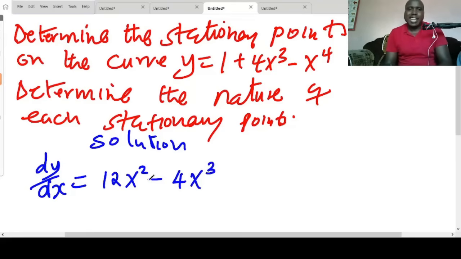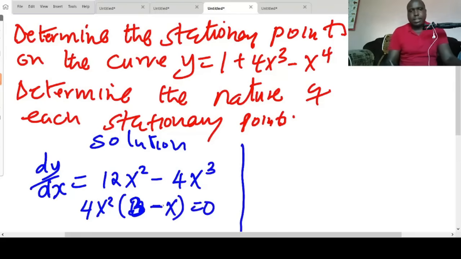So we can see x squared is common. So 4x squared is common. So here it remains 3 minus x, is equal to 0.